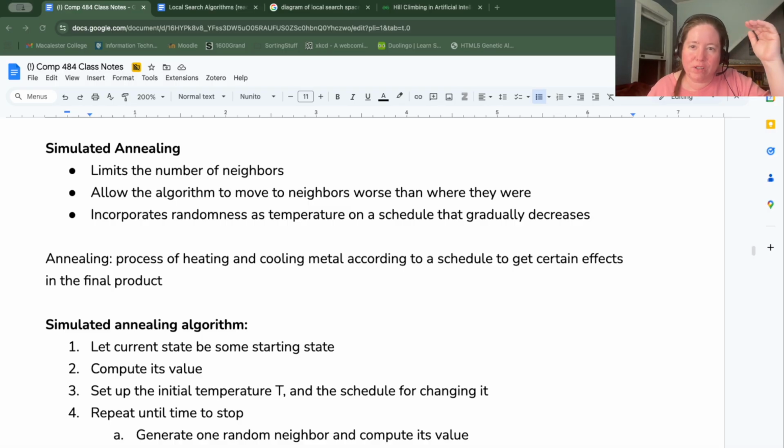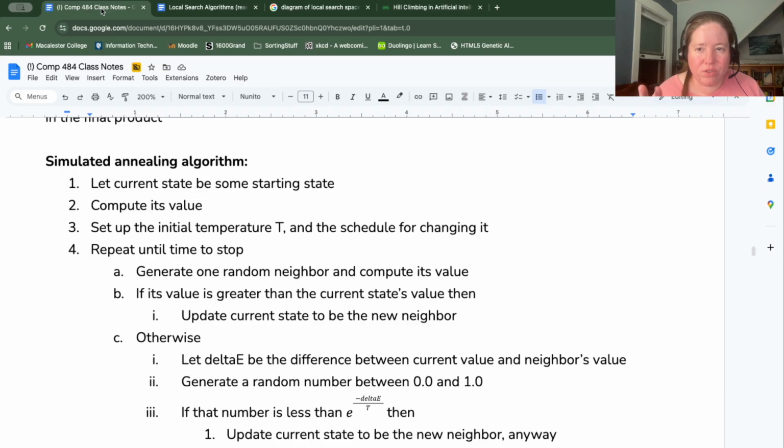Well, when the temperature is very high, it increases the probability that we'll take one of those downhill steps. And as the temperature decreases, the probability that we'll take a downhill step also decreases. So it starts off making a lot of random moves initially, and then hopefully as we have found a very promising region of the state space, the randomness diminishes and allows us to do more of a straight hill climbing kind of search.